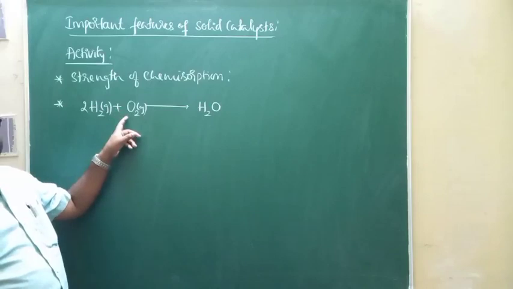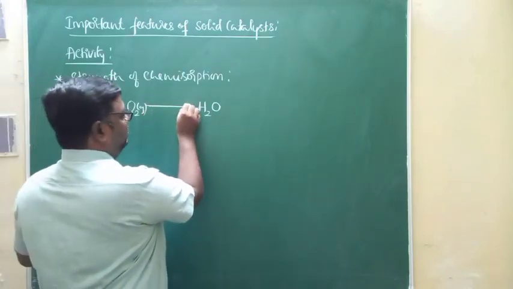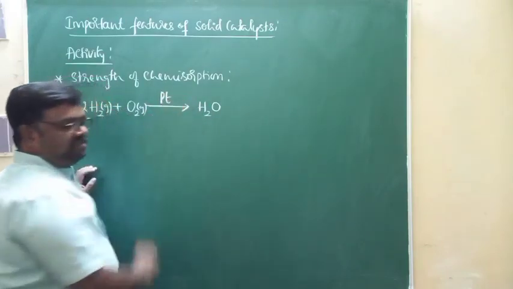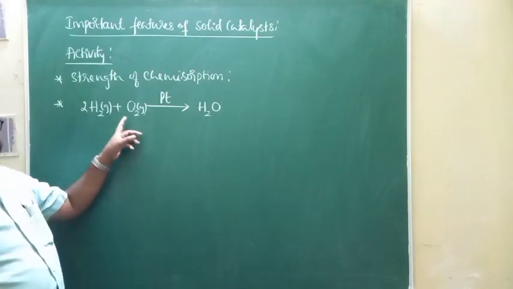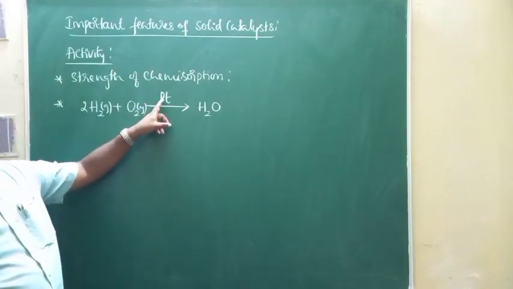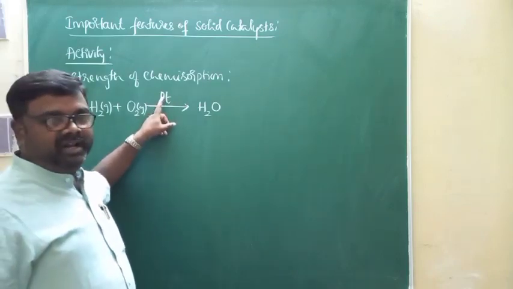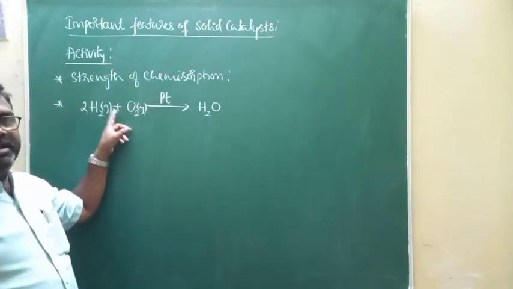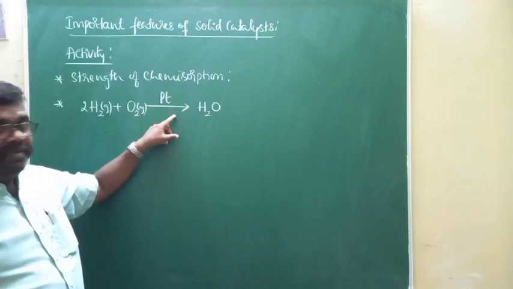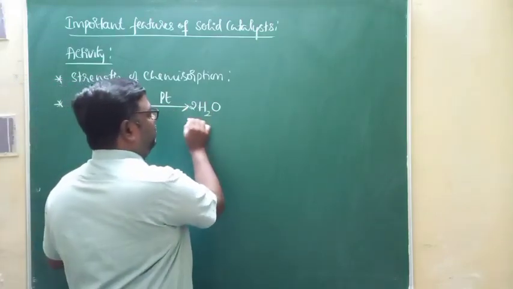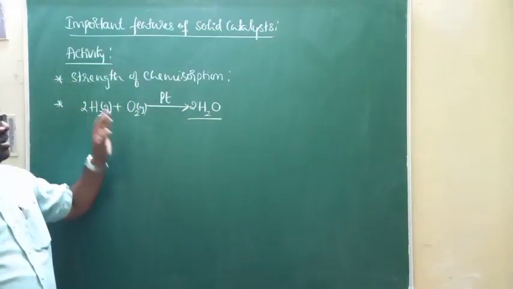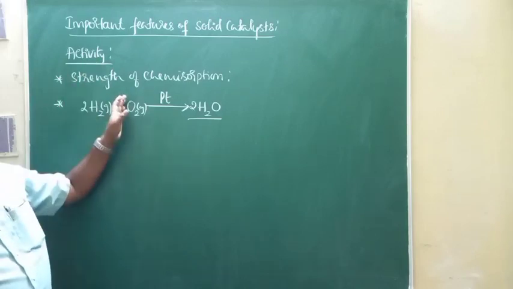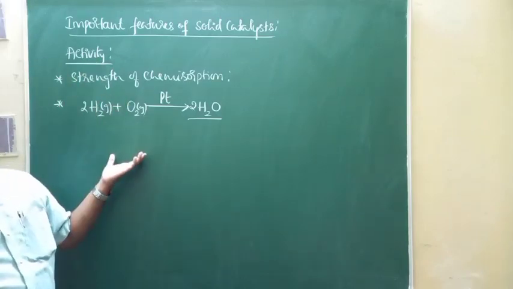If these two gases are mixed in presence of finely divided platinum catalyst, the chemical reaction is highly violent, or you can say highly explosive, and that results in the formation of water. That's why the activity of catalyst can be justified by using this particular example.